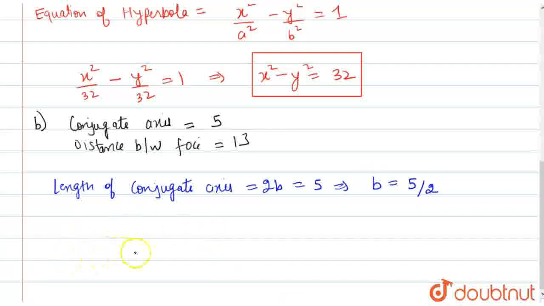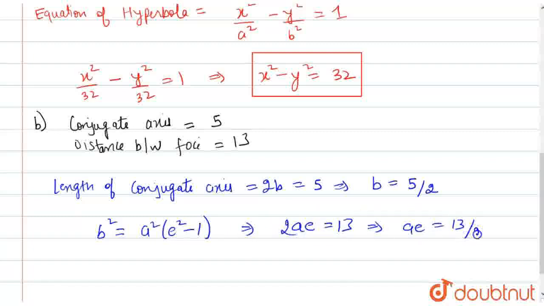As we know, b square is equal to a square into e square minus 1. So 2AE is equal to 13. So AE will be equal to 13 by 2. So a square e square will be equal to 169 by 4 and b square will be equal to 25 by 4.